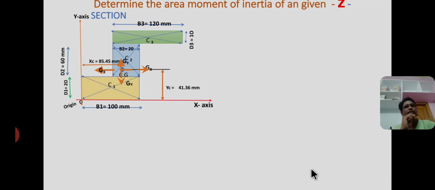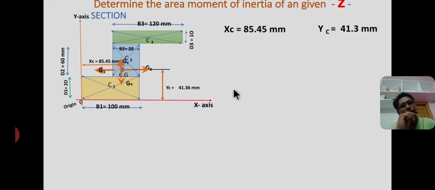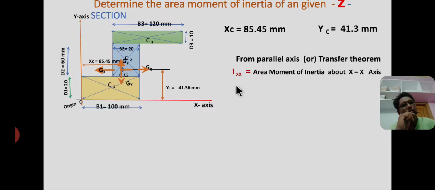Now, from the parallel axis theorem, Ixx is the area moment of inertia about the base, and Iyy is the area moment of inertia about the yy axis.